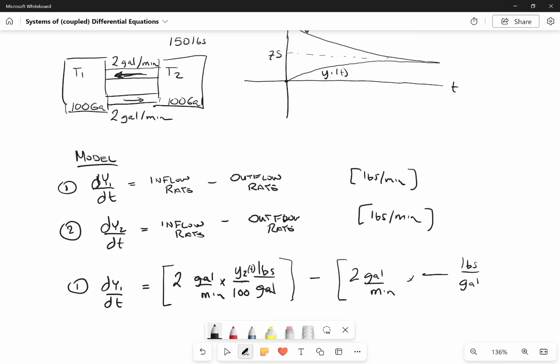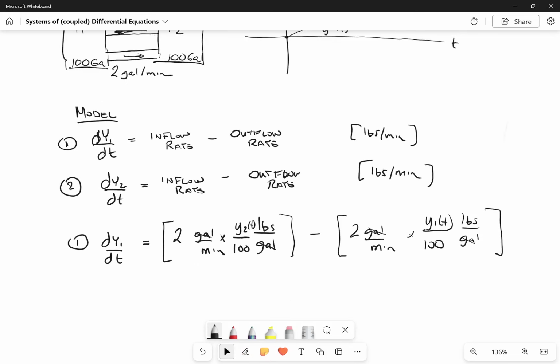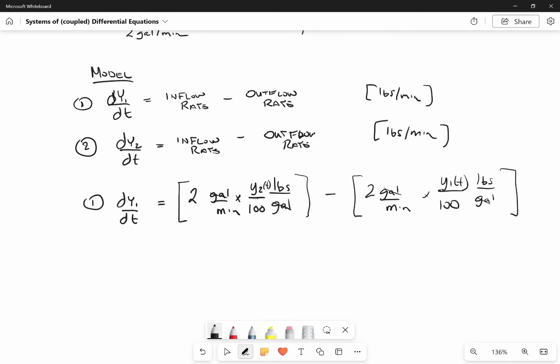We have 100 gallons. And how many pounds of fertilizer are in tank 1? Well, that is y1 at t. And you can see that gallons cancel, and we have pounds per minute for equation 1. So the units check out on the left-hand side and the right-hand side of equation 1.